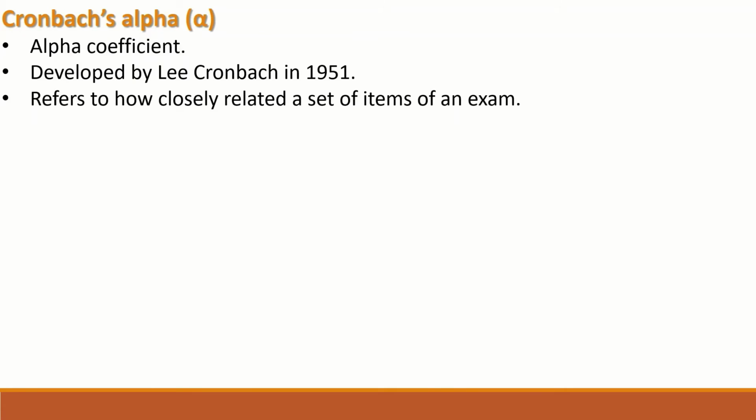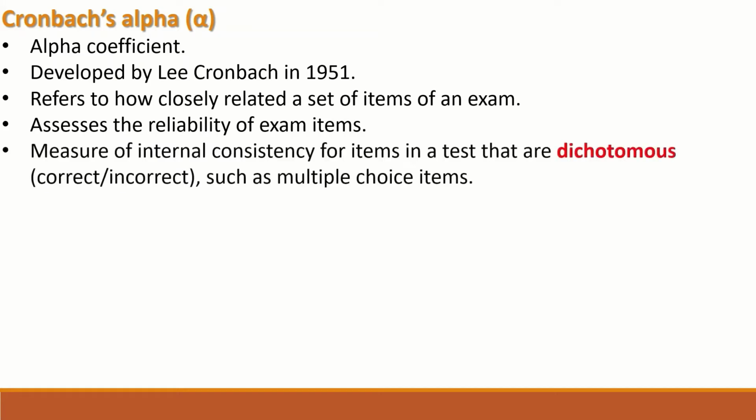It refers to how closely related a set of items of an exam are. It does assess the reliability of exam items. It measures internal consistency of items in a test that are dichotomous, i.e., correct or incorrect, such as multiple choice questions.